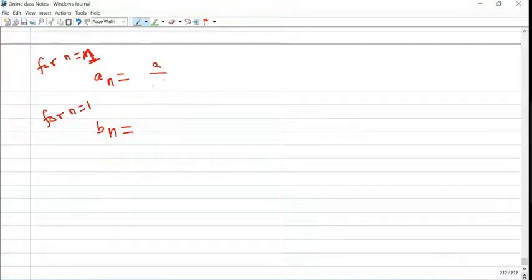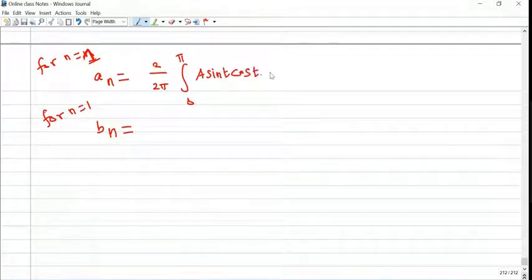So the An value now is 2 divided by 2 pi, 0 to pi, A sin t cos n omega naught t, with the n value 1, so cos t dt. Like this, in cos n omega naught t, you have to substitute the n value 1. So expand this. This is just a hint for you.